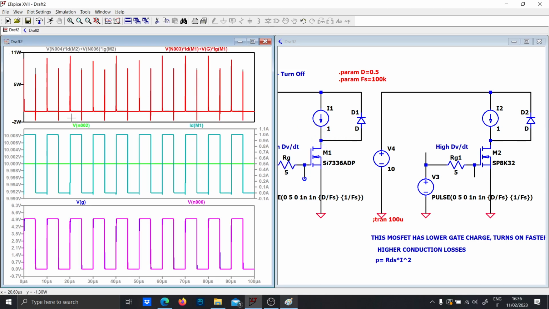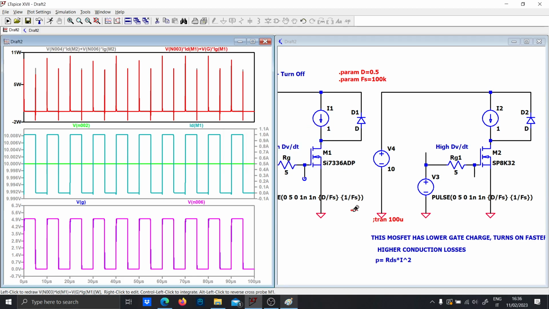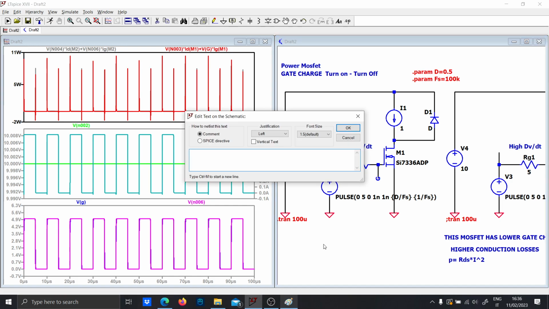So now let's zoom again and let's calculate the integral of these two. You have 37 milliwatts in this period, and in the red you have 32 milliwatts. So as you can see, the red MOSFET, which is M1, has on average less dissipated power.